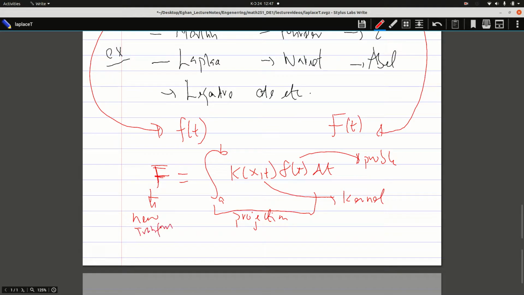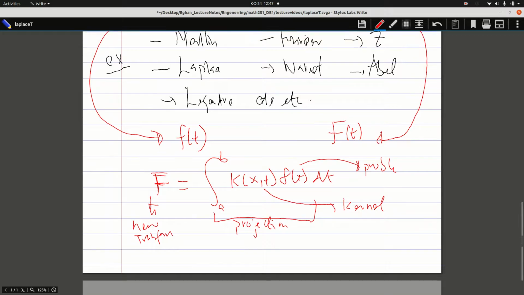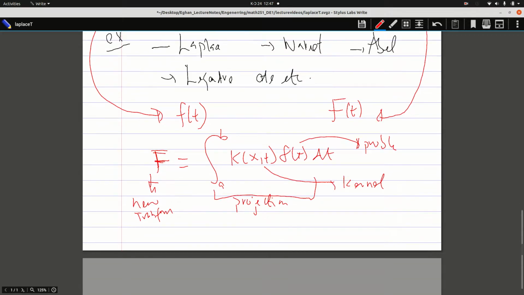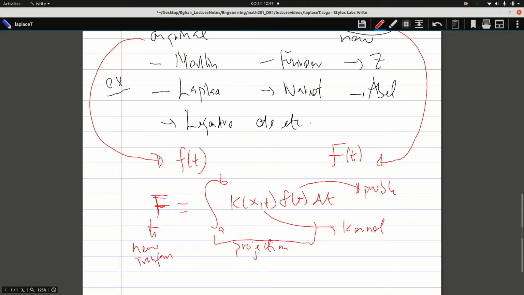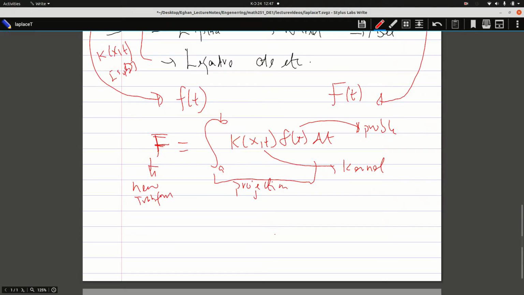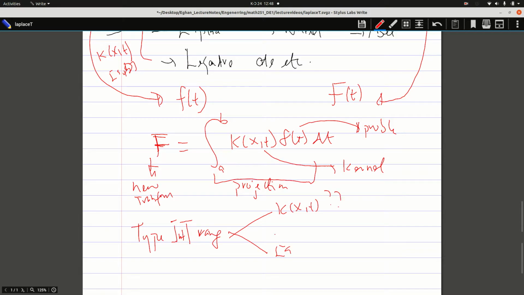Now, depending on the type of transformation you are looking at, depending on these transformations you have here, we can define what our kernel is, and we can define what our integral limit is, a to b. The type of integral transformation will let us know what our kernel is, and then will help us to also know what our limit of integration is.